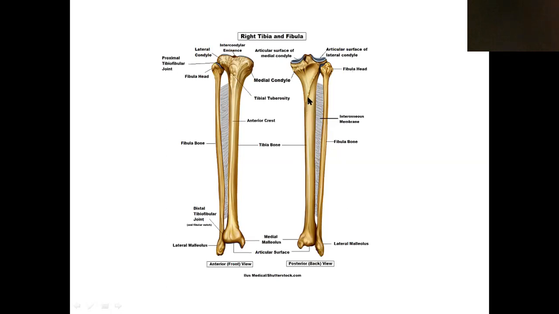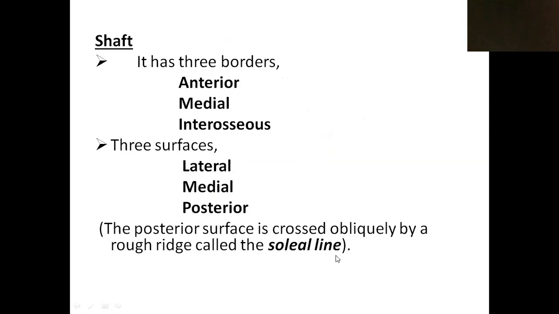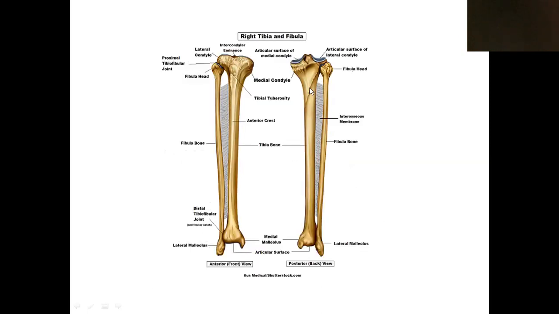In the upper part there is a line or ridge, the soleal line. One muscle attaches to it, we'll discuss it later. So these are the features of the shaft: three borders, three surfaces, and the posterior surface has one important feature, the soleal line. Now we are moving to the lower end.